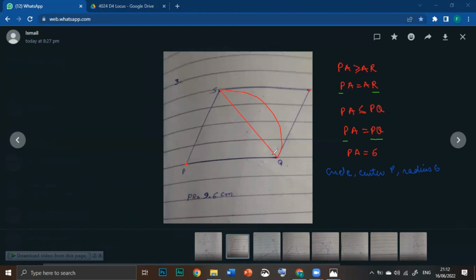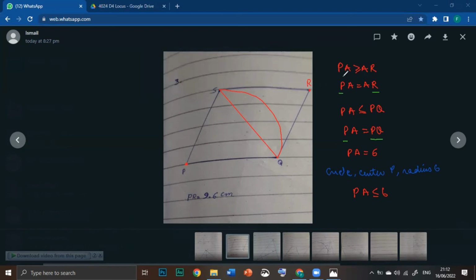Okay, sir. So now we will switch back to the inequality. The inequality states that PA should be less than or equal to 6. So should we remain inside the circle or outside the circle? Sir, inside the circle. Okay. Now we have made a mistake. PA is greater than or equal to AR. Is the smaller sign towards R or towards P?